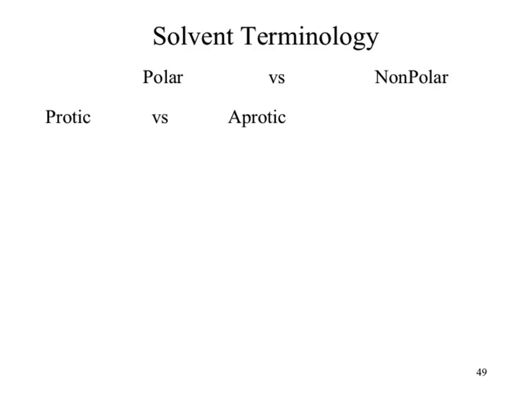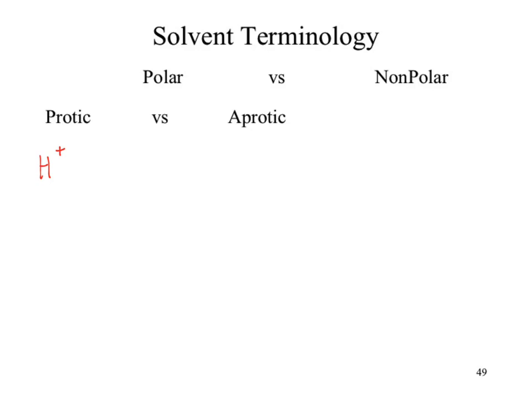A hydrogen atom, minus its electron, so after it's been released by an acid, is a proton. So a protic solvent is actually referencing the presence of a positive hydrogen.